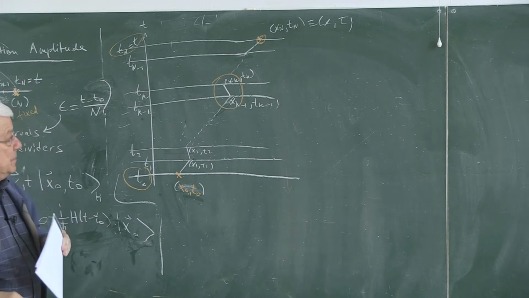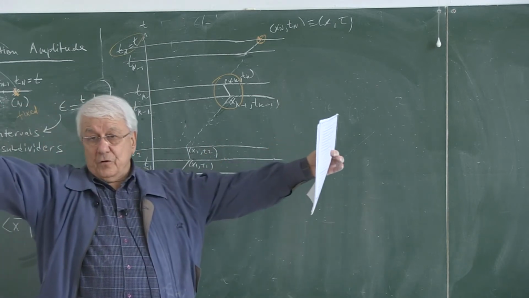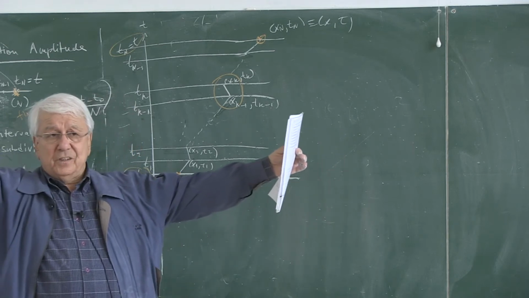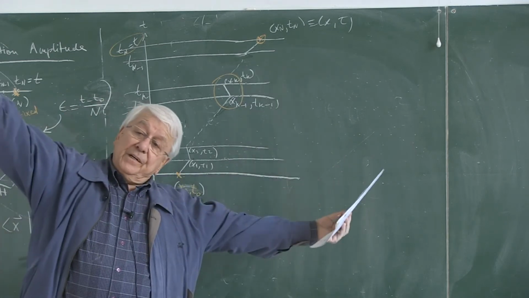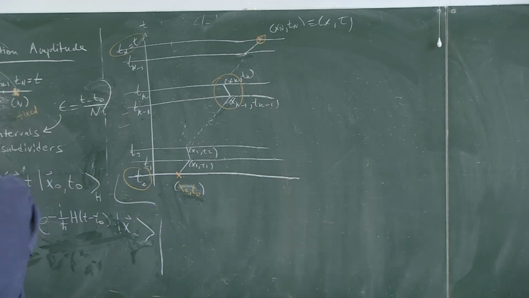But the point is that if you remember the insertion of the completeness identities between the very final and very initial at the subdividers, here are the insertions. An insertion at T1, an insertion at T2, insertion at T3, involving integrations.